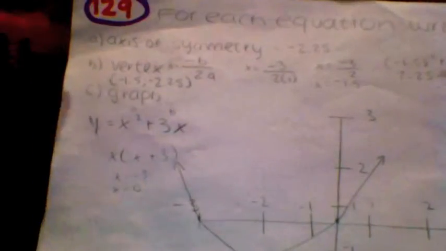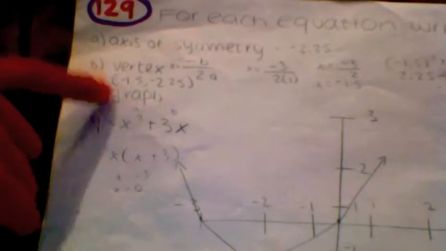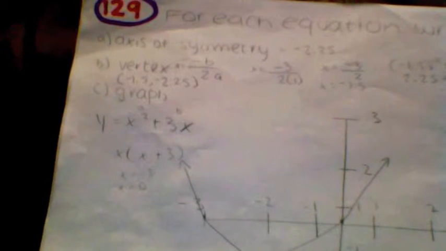Negative b is going to be negative 3, and a is going to be 1. So the solution for negative 3 divided by 2 times 1 equals negative 1.5. So our vertex is going to be negative 1.5 and negative 2.25. Then we have to graph. The only thing for graphing is just placing the points that we have from the vertex, from x and y, and then do the lines.